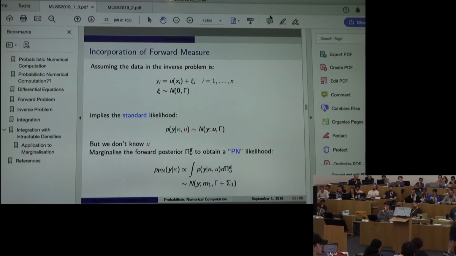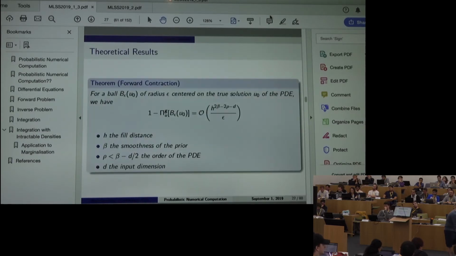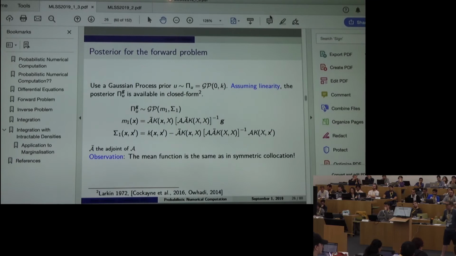and it's equal to a normal for the data with a mean M1. And if you remember yesterday, the mean M1 is the mean of the conditional distribution for our unknown function given the evaluations of the left-hand side, and that corresponds to this mean here.